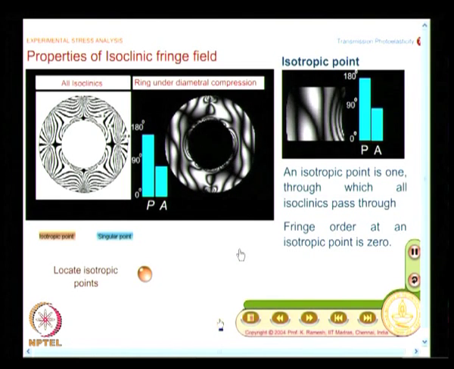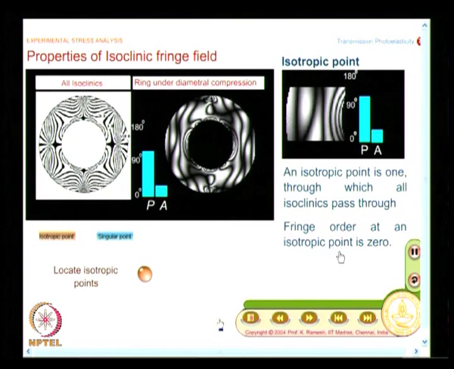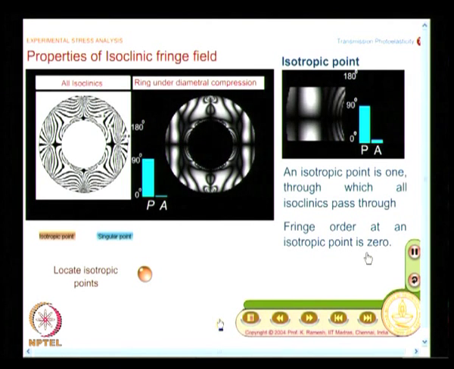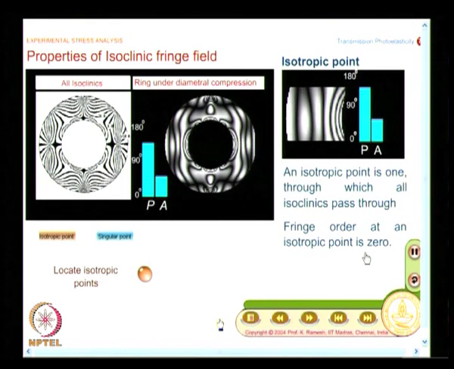Since you have seen that, now you can appreciate this point, and you have the advantage that the fringe order at an isotropic point is 0. Here, I tried to find out a property of an isochromatic fringe field by looking at the isoclinic fringe field. I can switch back and forth and verify this is the zeroth fringe order. There is also a methodology to verify it as zeroth fringe order even in a circular polariscope, but if you have a confusion you can always verify it.